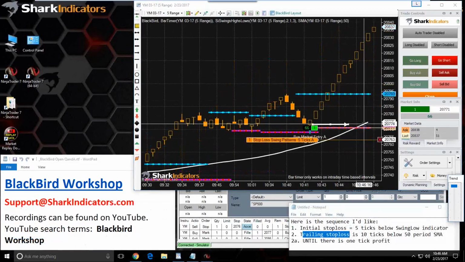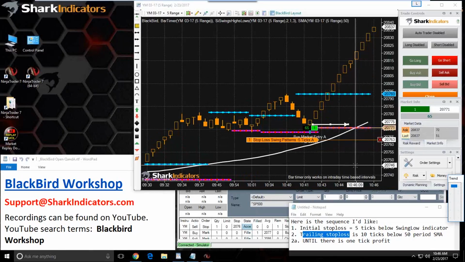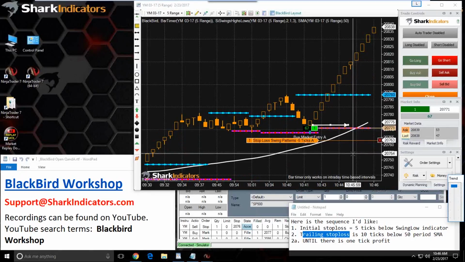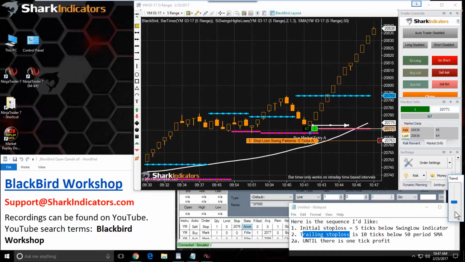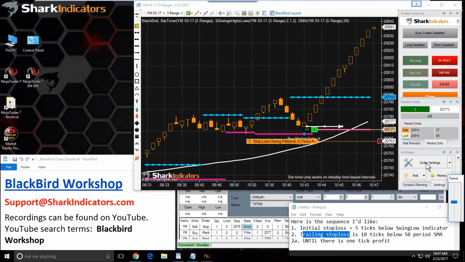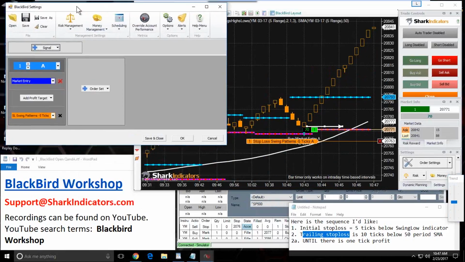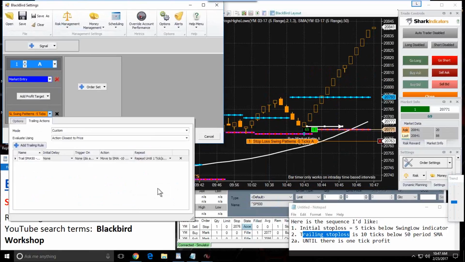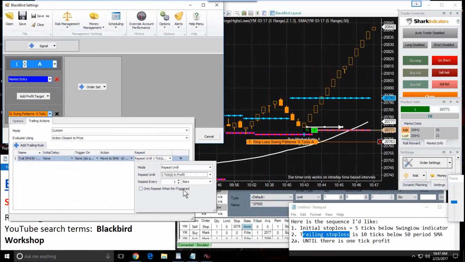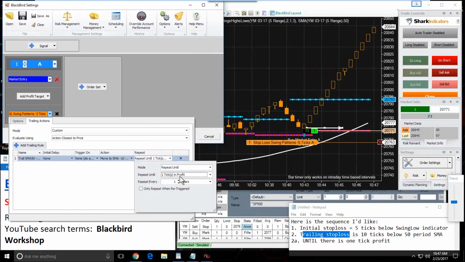And it looks like our SMA is up to 75. Yeah, shoot, that's not working. Well, guys, it looks like there might be a problem with the repeat until. I have a feeling there's a problem with the repeat until this profit condition here.